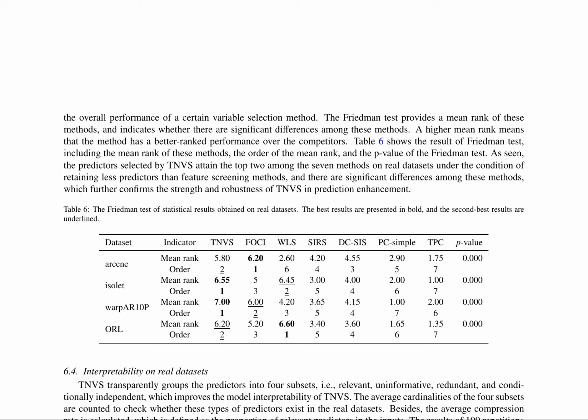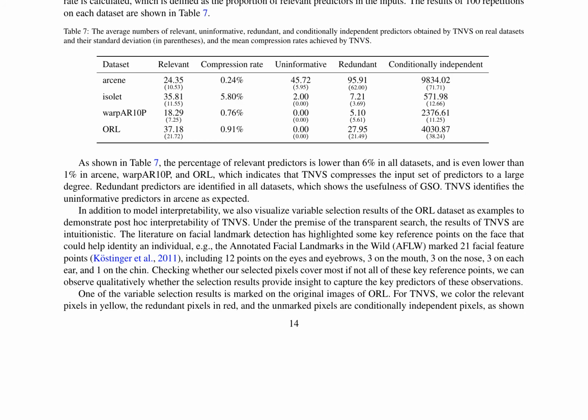Furthermore, the interpretability of TNVS on real datasets is evaluated. TNVS transparently groups the predictors into 4 subsets: relevant, uninformative, redundant, and conditionally independent. The average cardinalities of these subsets are counted, and the average compression rate is calculated, defined as the proportion of relevant predictors in the inputs.